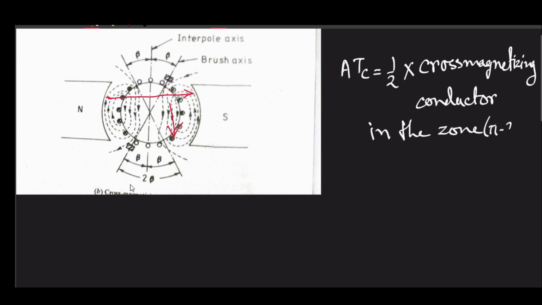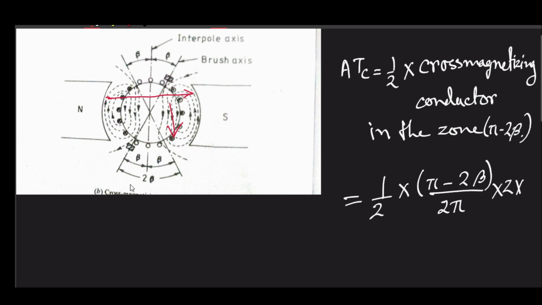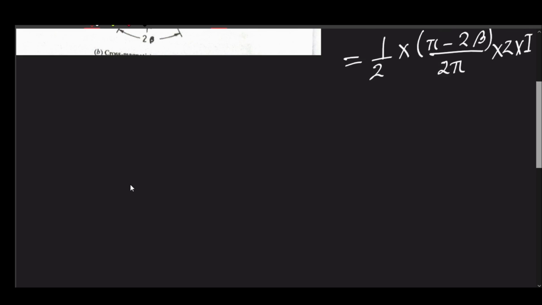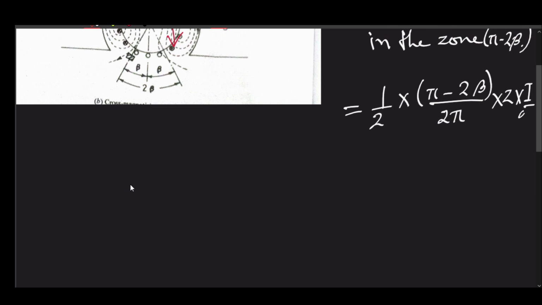We are talking about one pole, right? Per pole we are trying to calculate. So that will result in this.